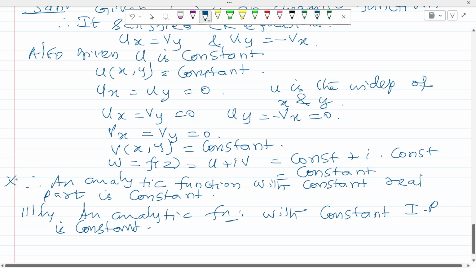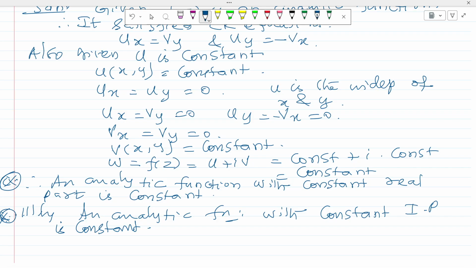So any one of these problems will come, or it may come in the theory. It is one important property of the analytic function. So what are the important problems in the analytic function? You have to check whether the given function is analytic or not. Okay, that is the first one.